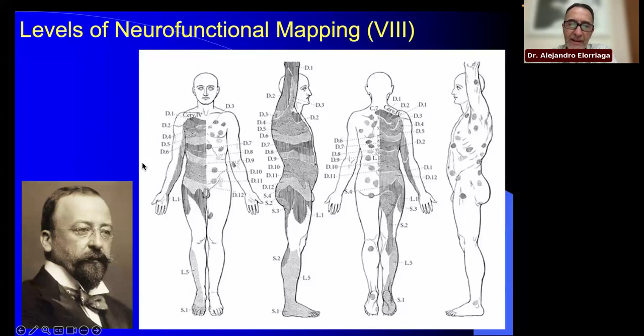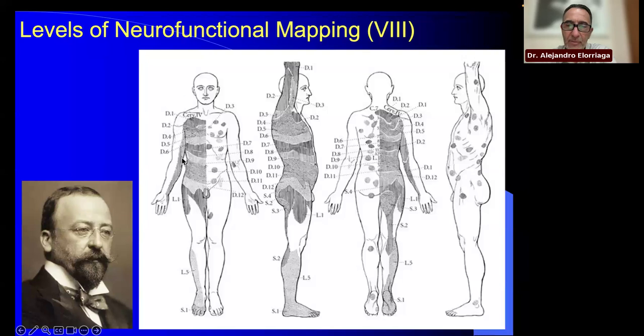He collected cases where they would track the complaint of the patient, and then when the patient died, the autopsy would reveal an exact lesion, whether an aneurysm or a visceral problem, and then he would try to correlate the area on the skin where the patient was complaining of pain with the internal organ.